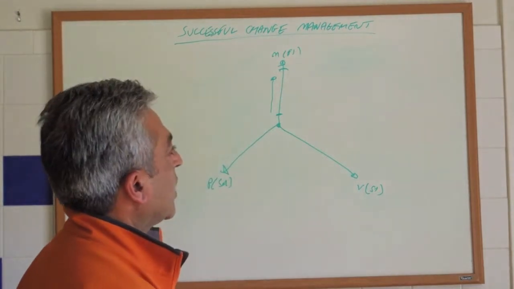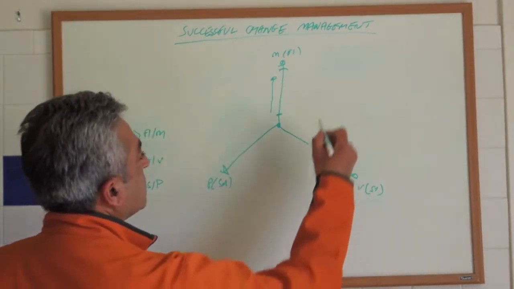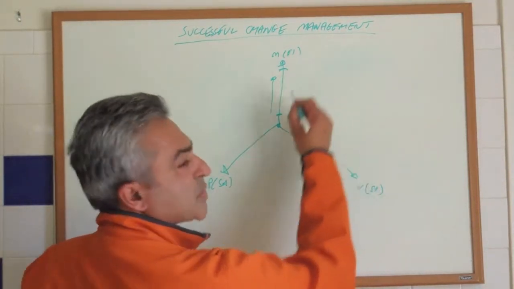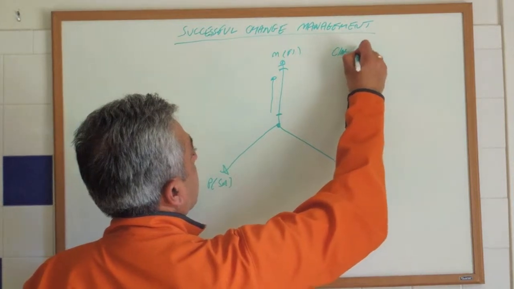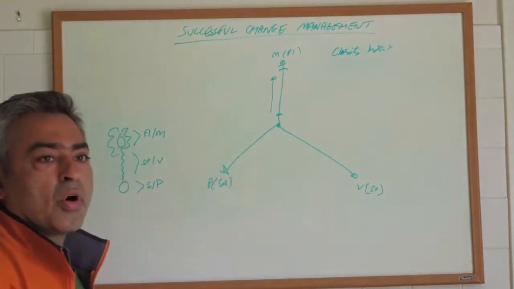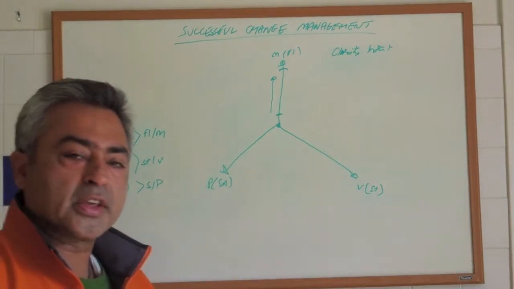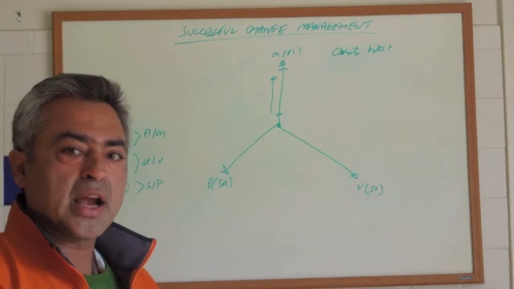Typically there's a number of things we can do to move things up this dimension. We can specifically focus on clarifying intent, and this may take the form of visioning, of really thinking about what the future is, of thinking about principles that would be alive in that future.